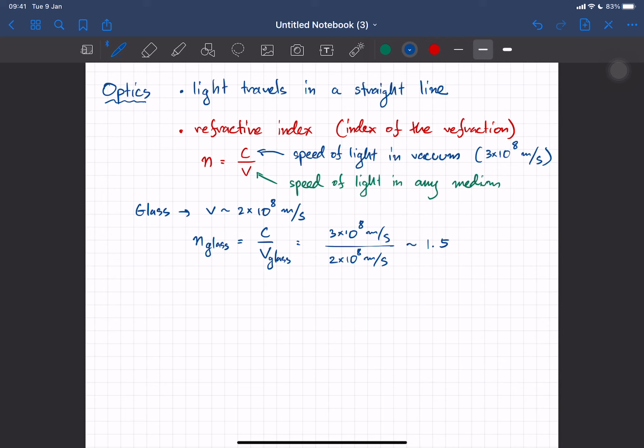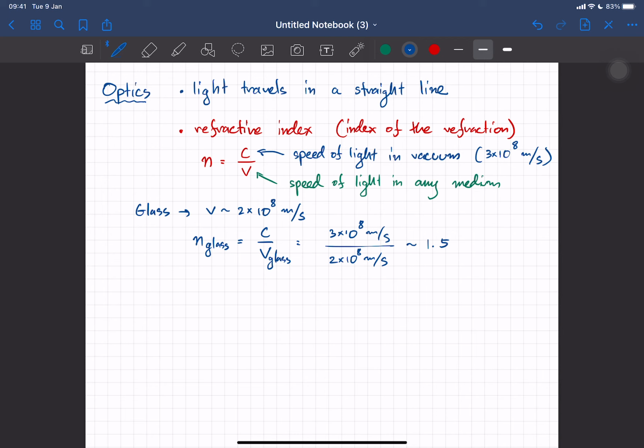There are many types of glass, but the common kind of glass that we use to make a cup or something like that is about 1.5 or 1.55. So it means that light travels in glass slower than in vacuum.